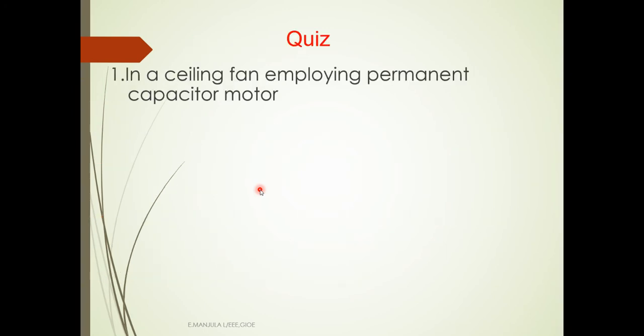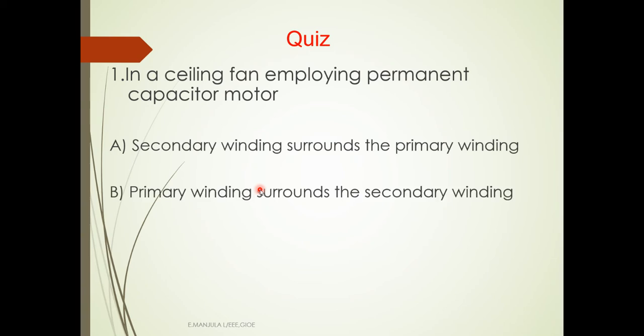Okay, a ceiling fan employs a permanent capacitor motor, where a capacitor is permanently in the circuit.